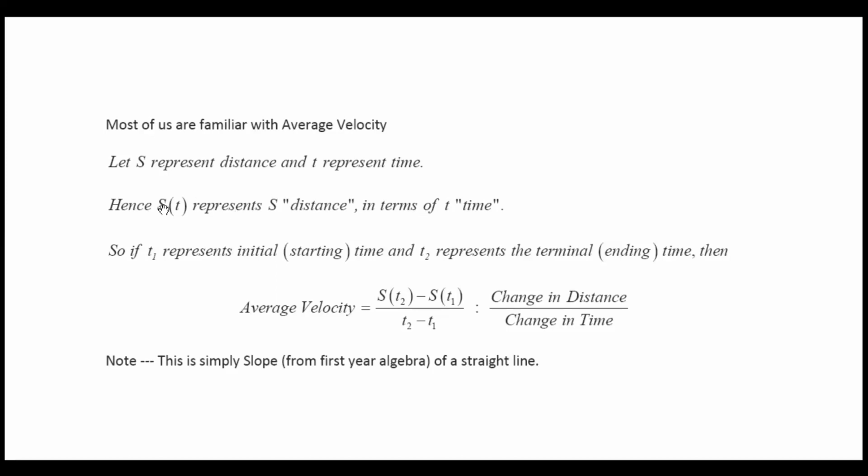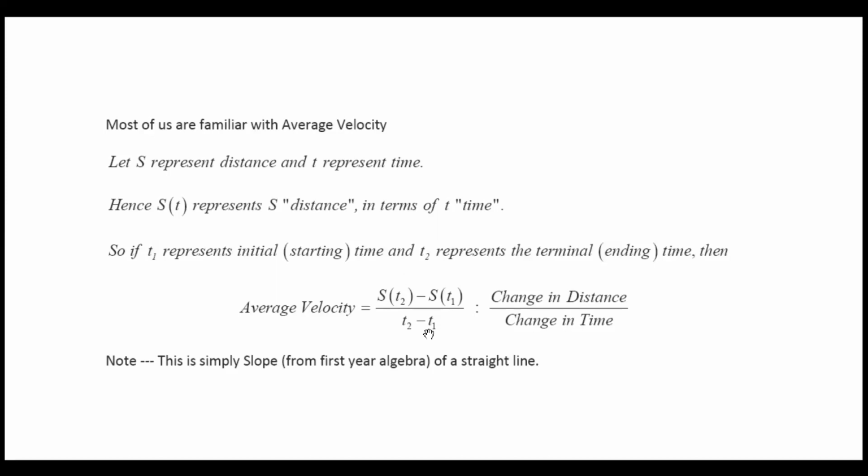So here we have S of T as our function, S is our equation, and it's in terms of T. So it's S of T sub 2, that's how far we went, minus S of T sub 1, that's our starting point, over T sub 2 minus T sub 1, that's our ending time minus our starting time. So it's the change in distance over change in time.